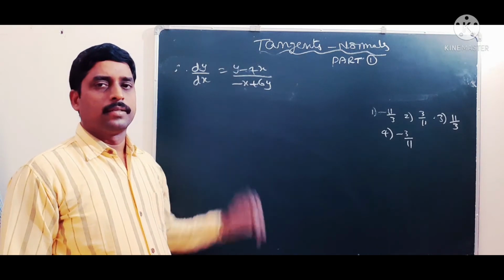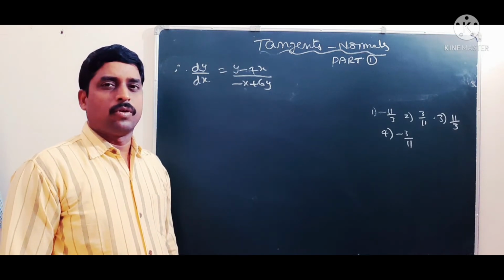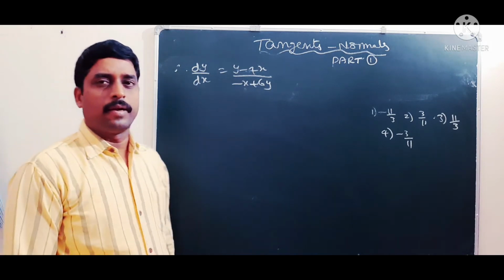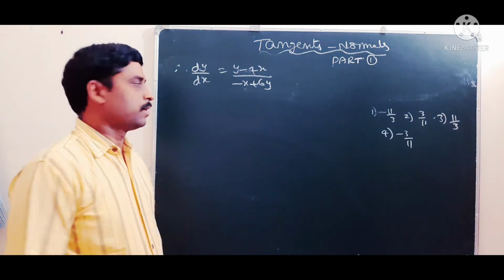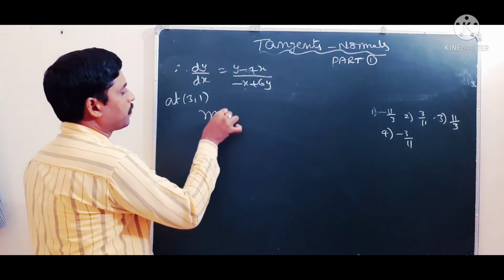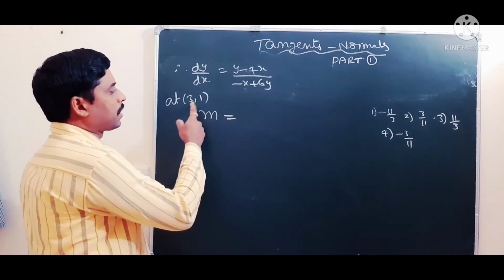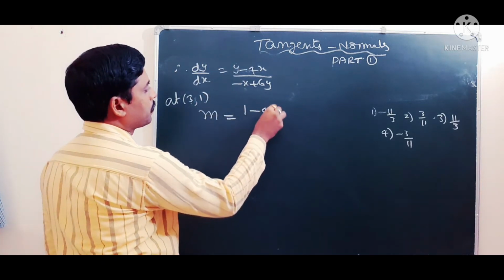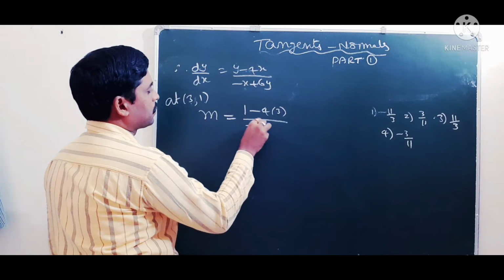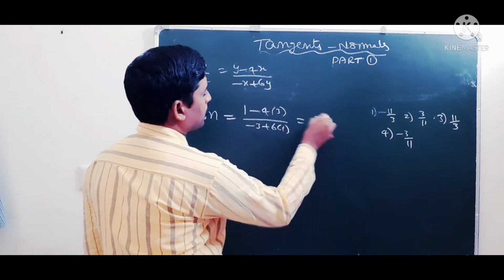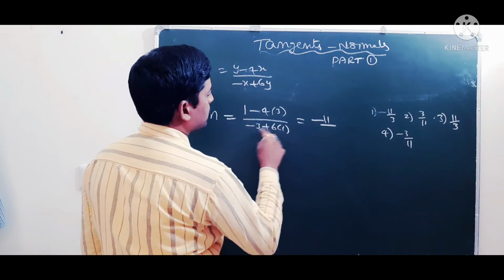We got the dy/dx value. What is our target? The slope of the normal at (3, 1). First, we have to find the slope of the tangent at (3, 1). Substituting (3, 1): (1 − 4·3)/(−3 + 6·1). This value will be −11/3.